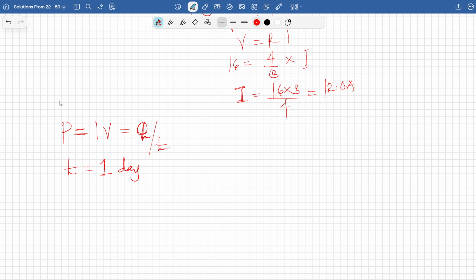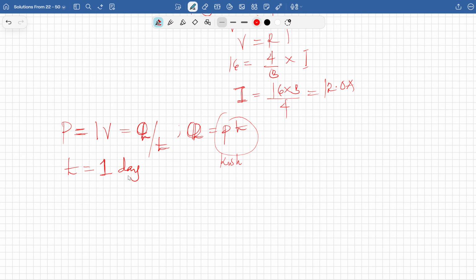What you need to be particular with is the quantity of electricity supplied by the mains, which is Q. So Q is equal to PT, power multiplied by time. You expect the unit here to be kilowatt hour, if you maintain your power in kilowatts and your time in hours.